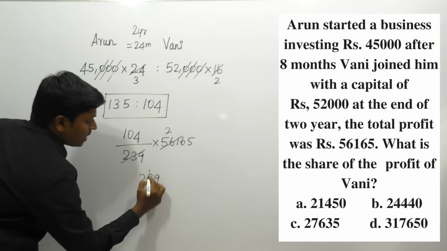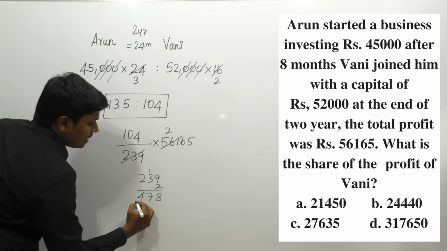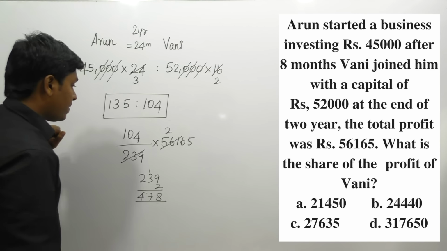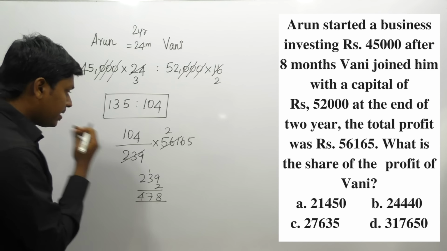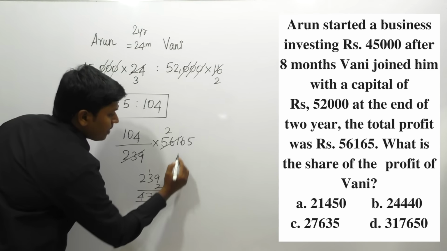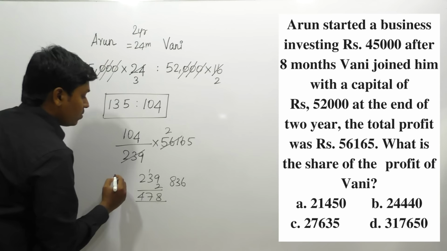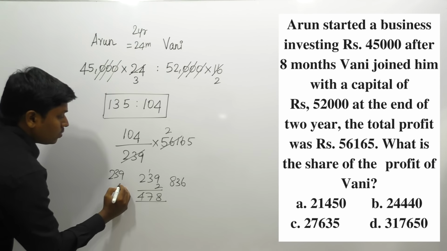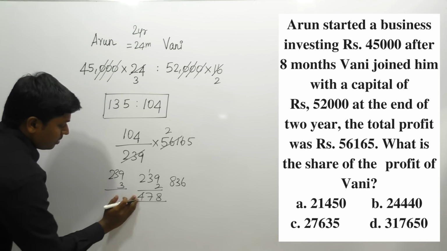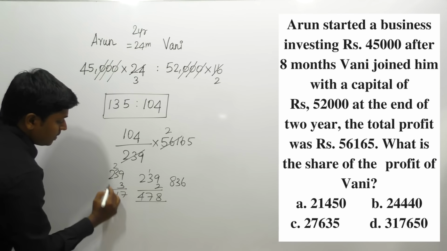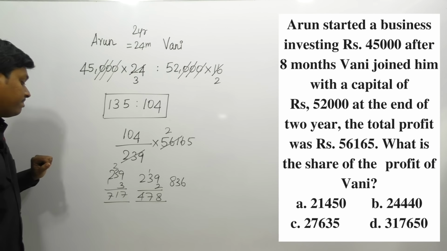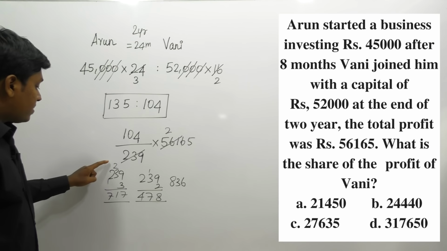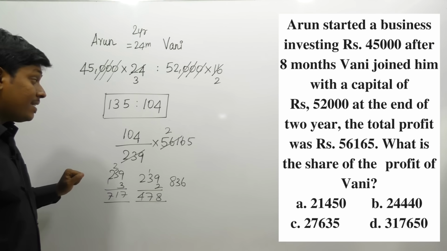So 18, remainder will be 1, 6 and 7, 478, right? Okay, so 478. So the remainder will be 83. I think the remainder will be 83, and here the number is 6, right? So 239 into 3, the remainder will be 119.